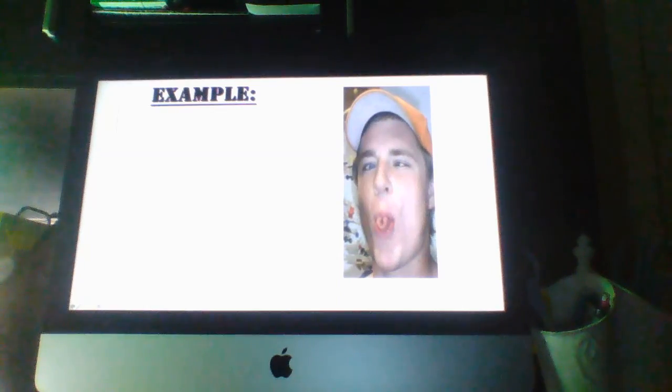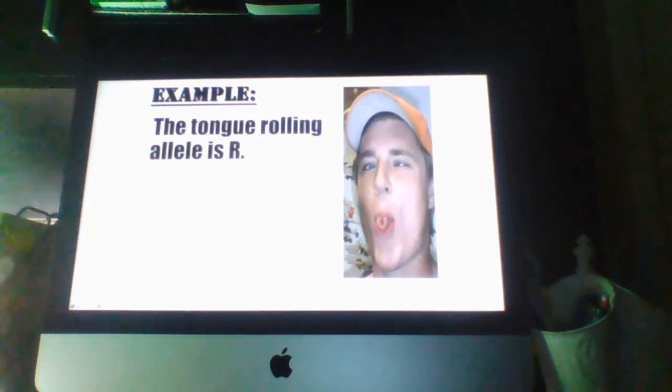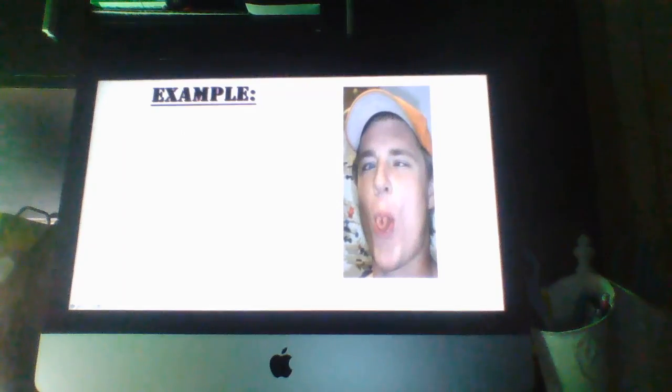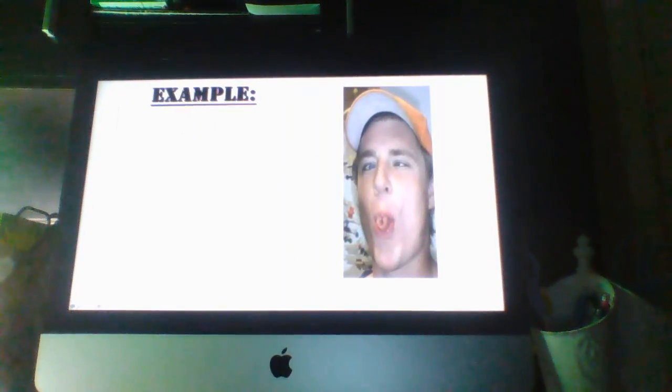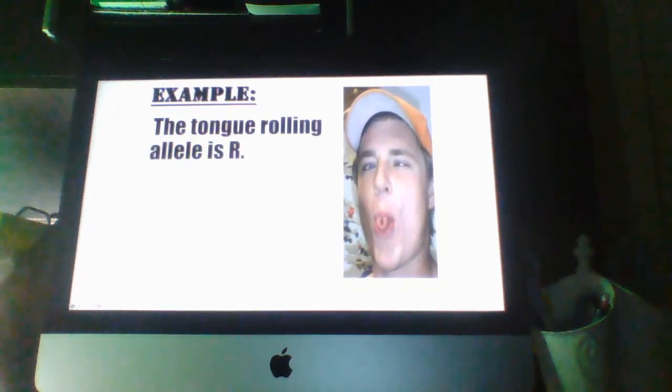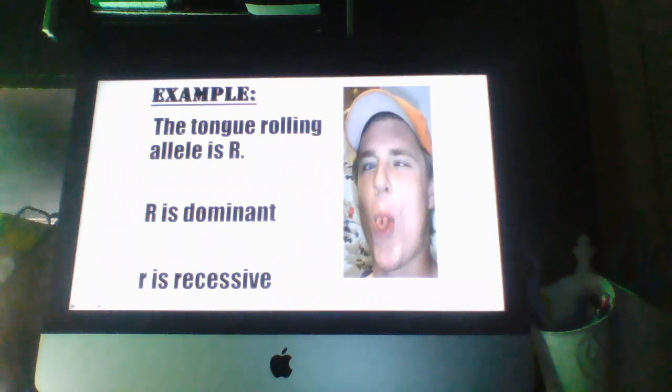So here's an example. Let's look at tongue rolling. Tongue rolling has an allele with capital R. The capital R is dominant. So let's take a look.